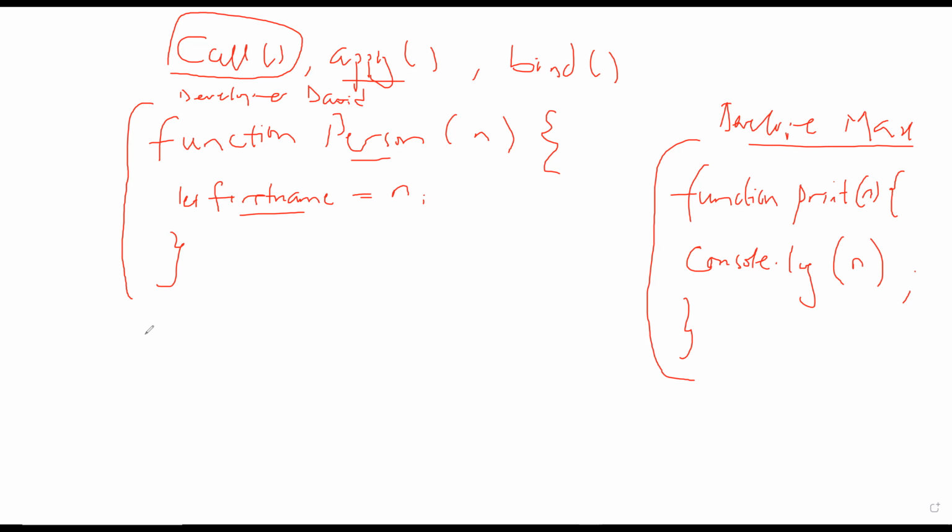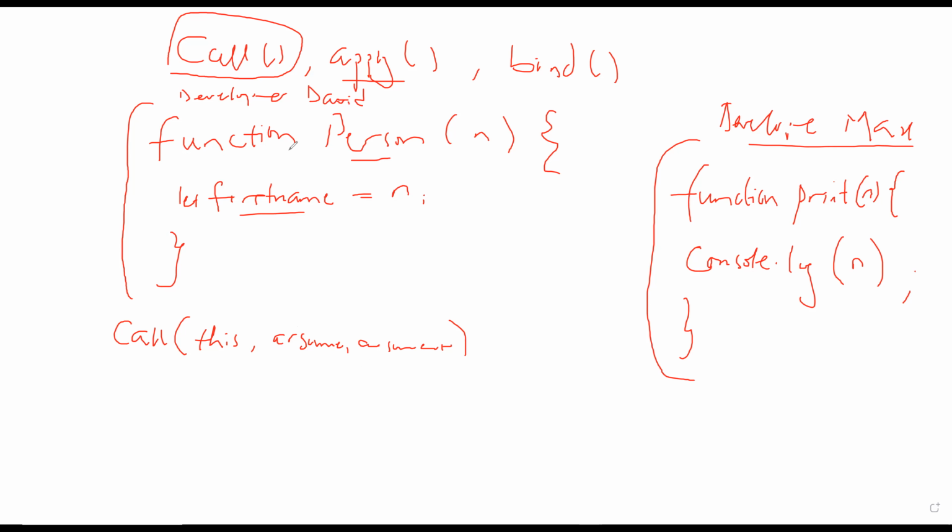Now, what is the syntax of call? Most times you will see this keyword here, then you can see maybe the argument somewhere here. It can be multiple arguments depending on what you have configured or defined.